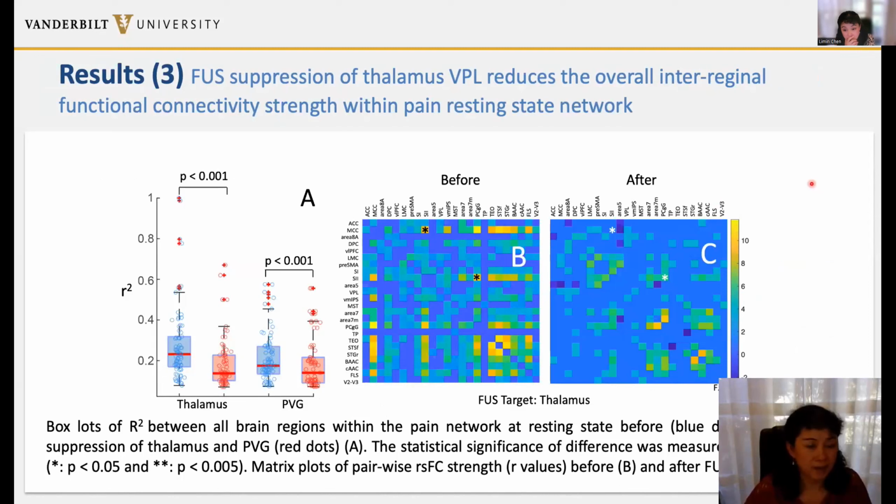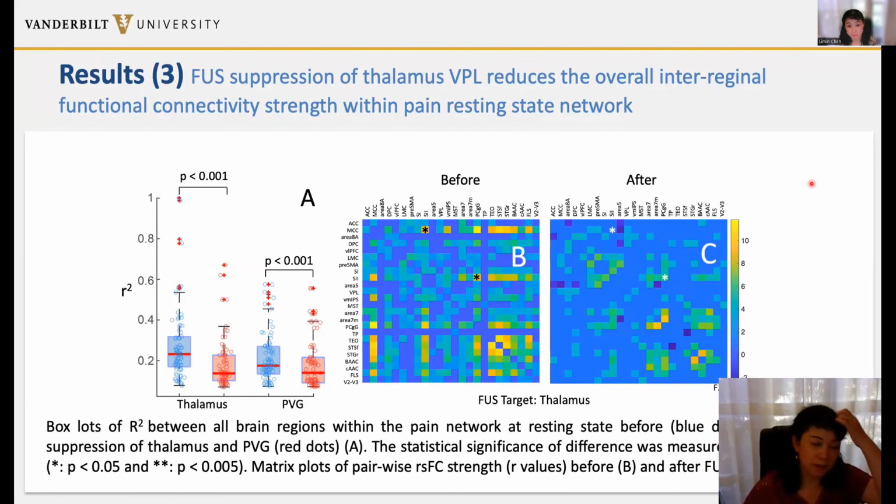In the last data set, we also looked at how ultrasound suppression of the thalamus pain response affects the resting state network for pain processing. So basically, we identified the seeds that showed response to painful stimulation and looked at their connectivity during the resting state acquisition.